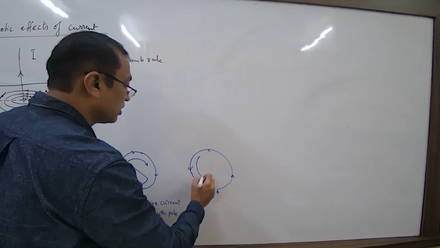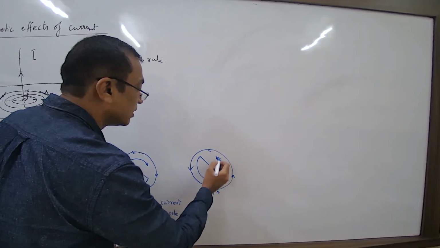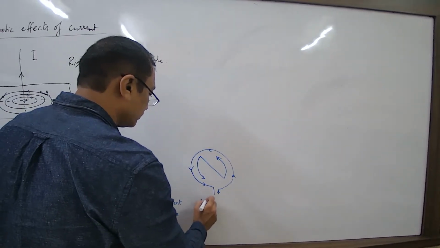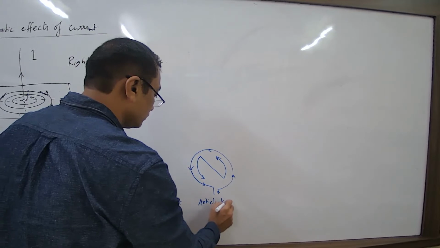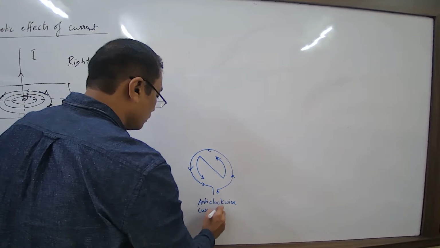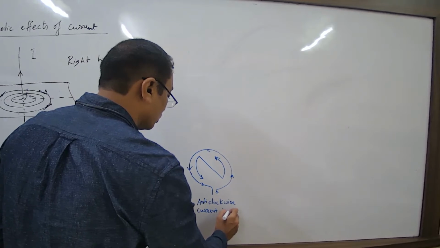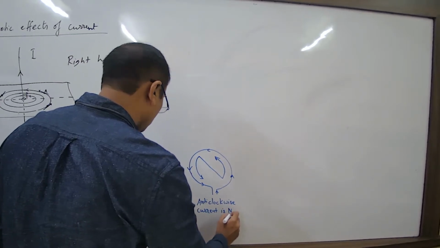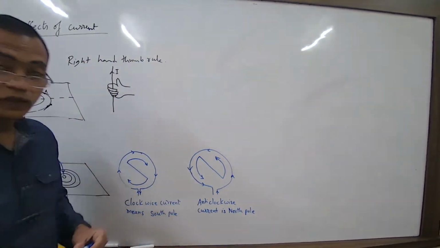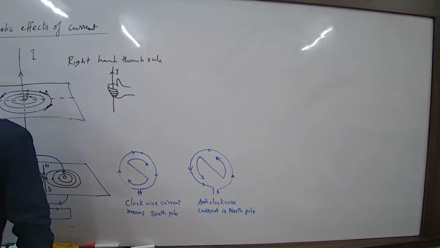तो नॉर्थ पोल को हम कैसे बना देंगे, ऐसा, विल अलाइन द डायरेक्शन एन, ठीक है। सो एंटी क्लॉकवाइज करंट is north pole, sorry, I mean anti-clockwise current is north pole. मतलब when you are looking at the coil, when that current is anti-clockwise, that means you are facing a north pole.